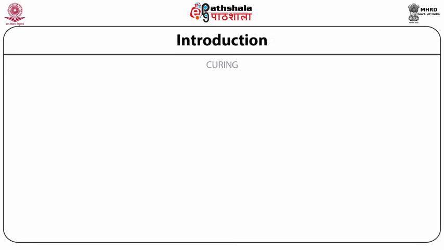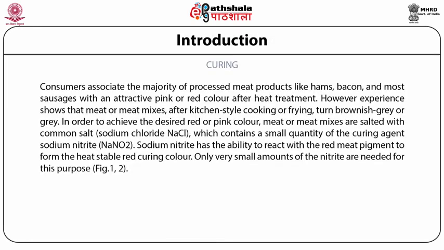Curing. Consumers associate the majority of processed meat products like hams, bacon, and most sausages with an attractive pink or red color after heat treatment.